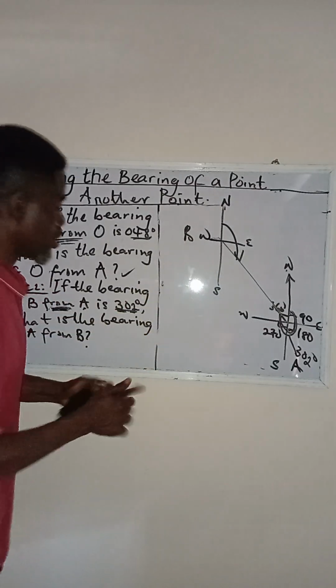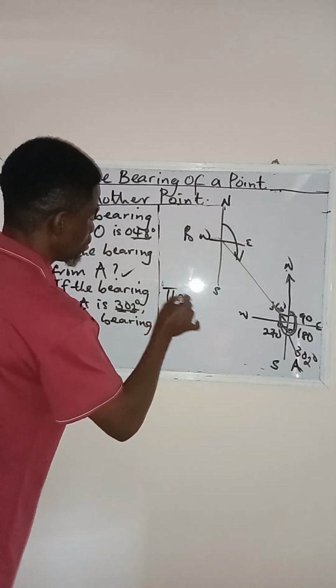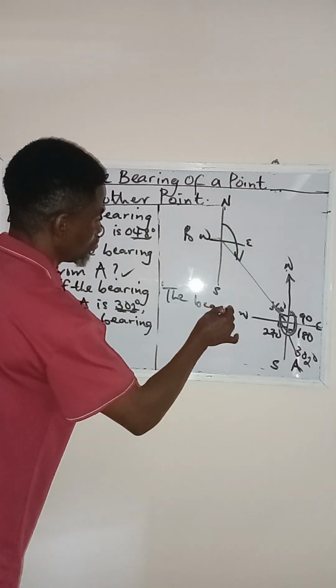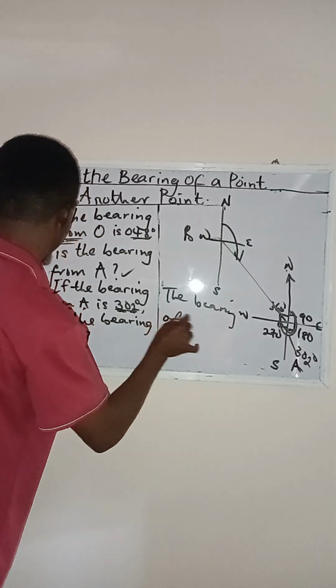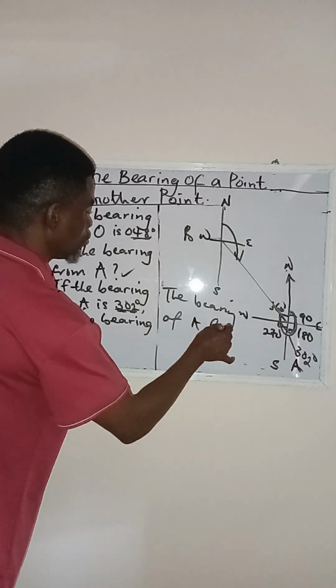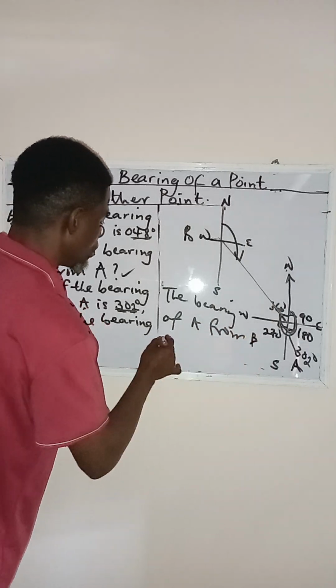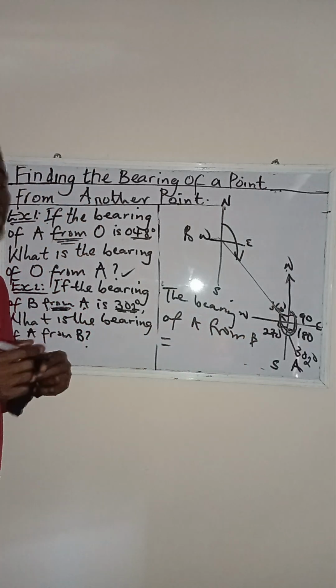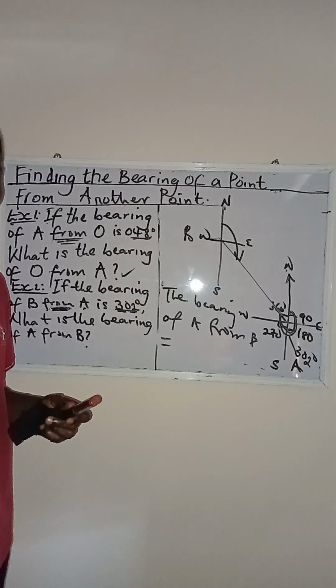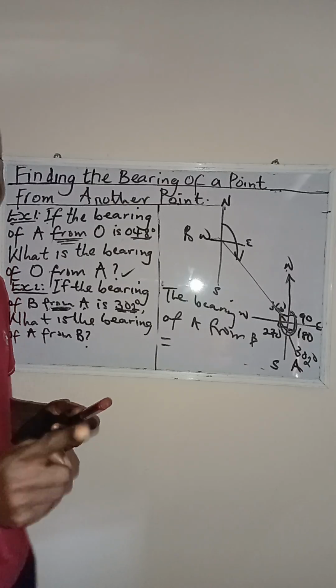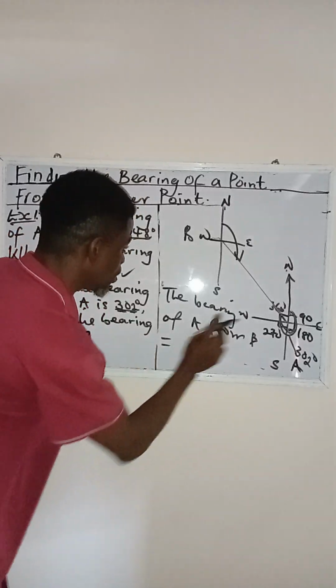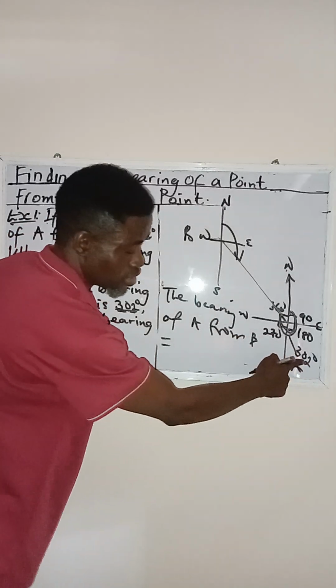So what is the bearing of A from B going to be? I told you that anytime the given bearing is more than 180, what do you do? The given bearing minus 180 degrees. So the given bearing is more than 180.